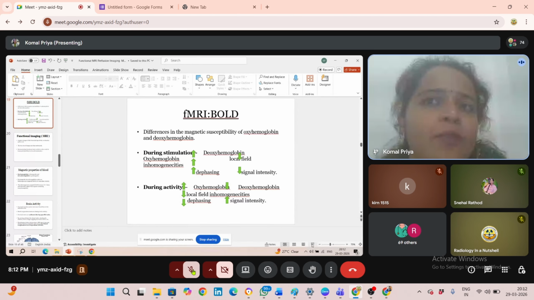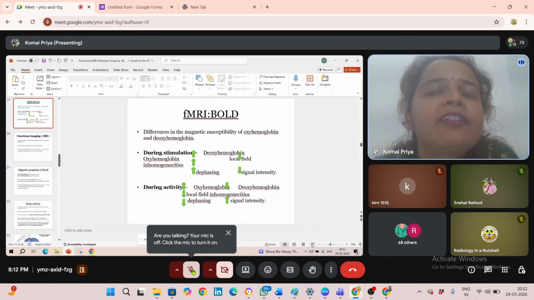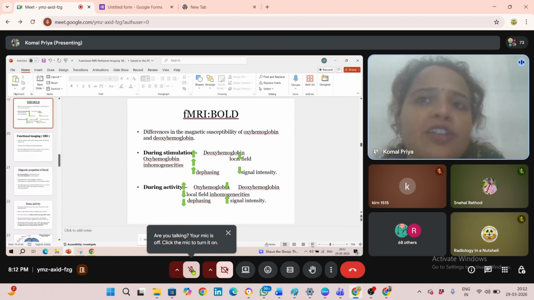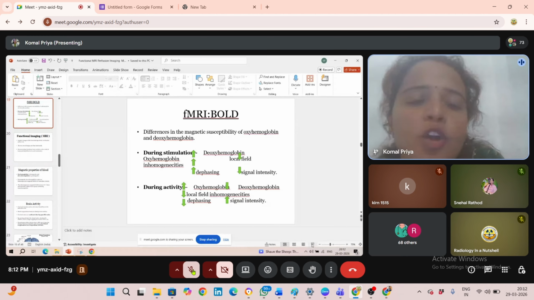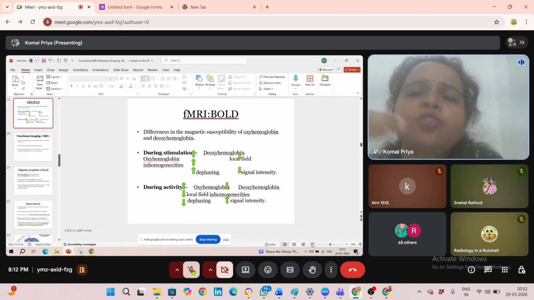So paramagnetic deoxyhemoglobin will create an inhomogeneous magnetic field in its immediate vicinity. This inhomogeneous magnetic field will increase your T2 star effect, and that will attenuate your signal from the regions containing deoxyhemoglobin. So at rest, this tissue will use a substantial fraction of the blood flowing through the capillaries, so the venous blood will contain almost equal mix of oxy and deoxyhemoglobin.